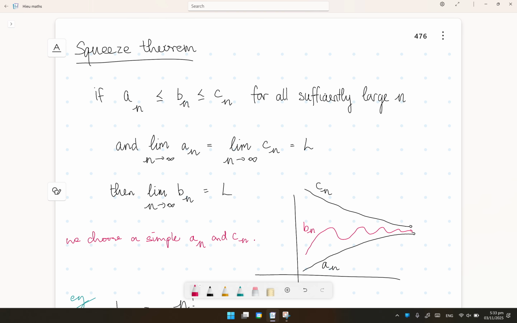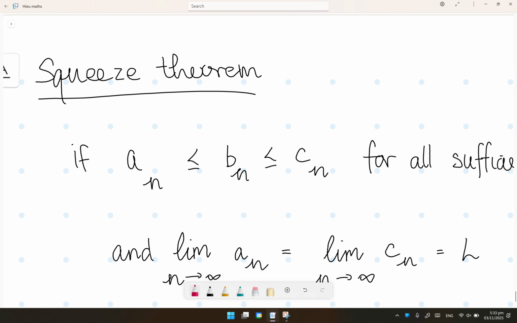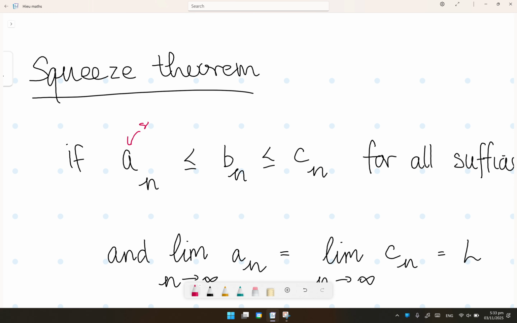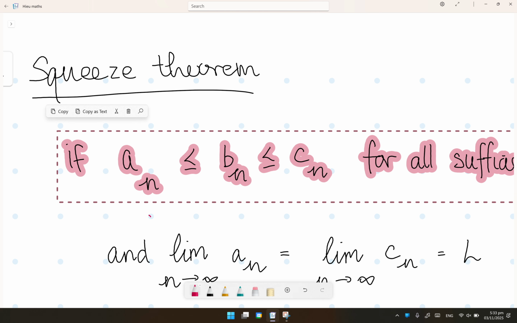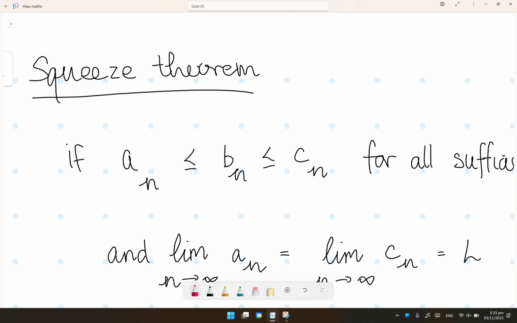And in squeeze theorem, let's give us an idea. So A is a sequence, B is a sequence, and C is also a sequence. They're all sequences, right? But if we have An, the first sequence, is smaller than our target sequence. Let's call this the target sequence.